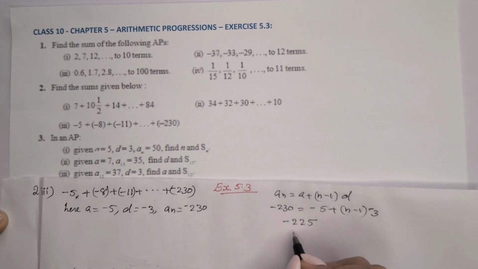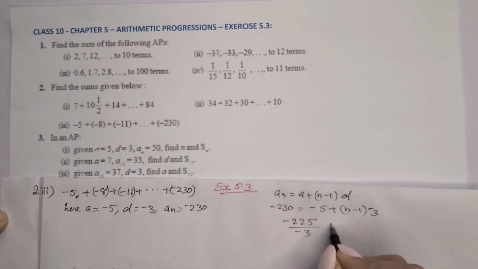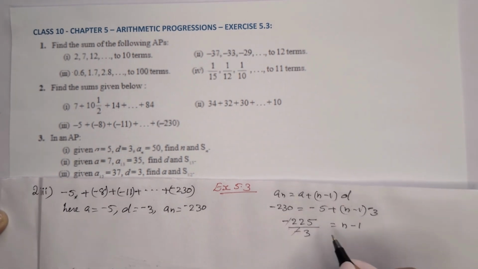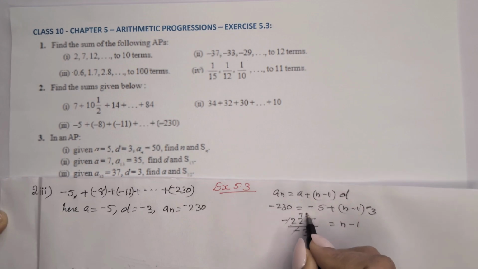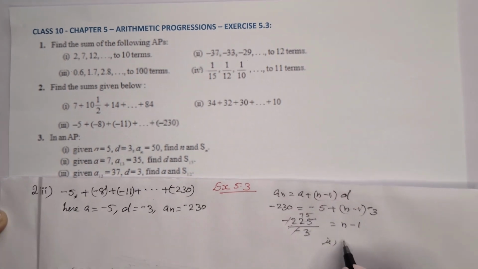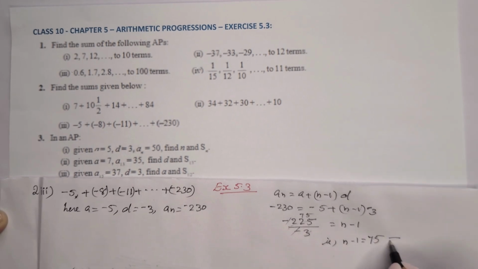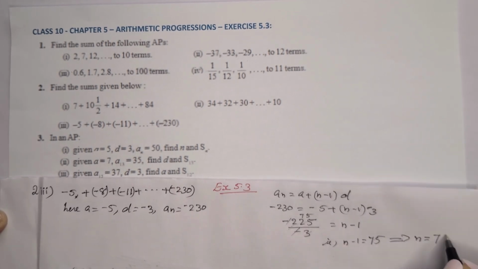That divided by minus 3, that means n minus 1. So when we are dividing, we will get 75. 7 3s are 21, 1 5 15, so 5. That means n minus 1 is equal to 75, which implies n is equal to 75 plus 1, 76.